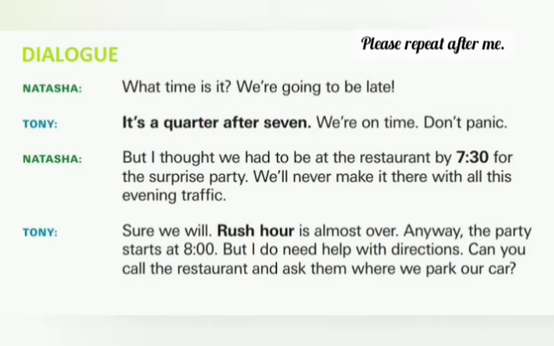We'll never make it there with all this evening traffic. Sure we will. Rush hour is almost over. Anyway, the party starts at 8 o'clock. But I do need help with directions. Can you call the restaurant and ask them where we park our car?